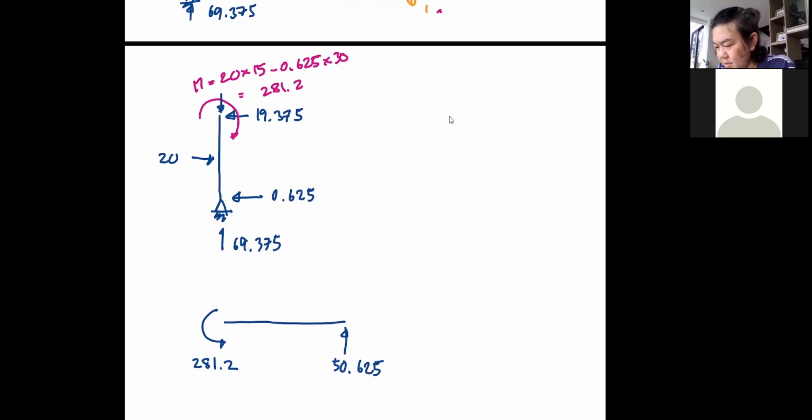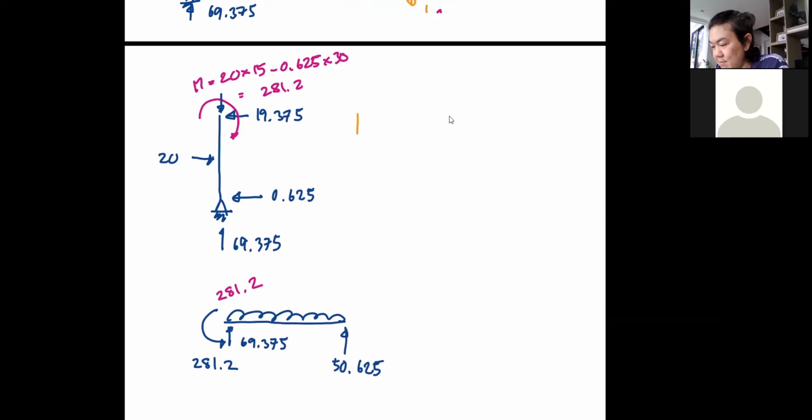So this one goes up 69.375. And then you have the uniform load, and then the moment of 281.2. So that is another free body diagram complete. You can check by taking the moment.